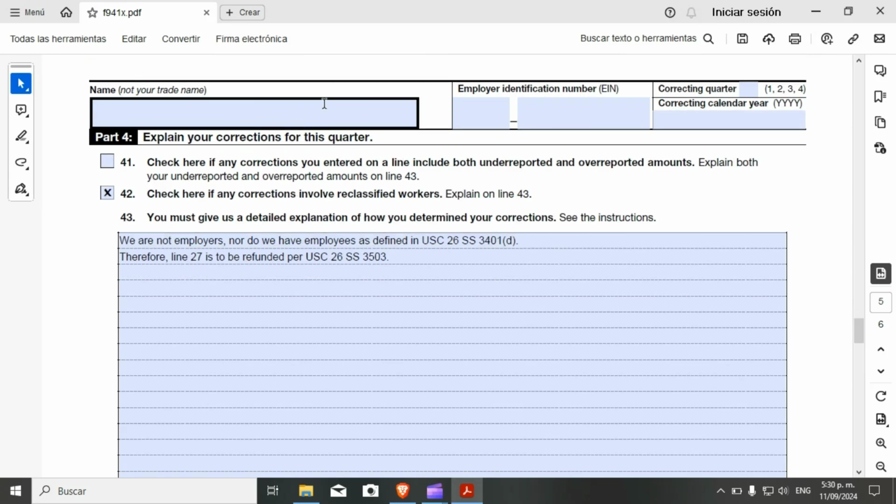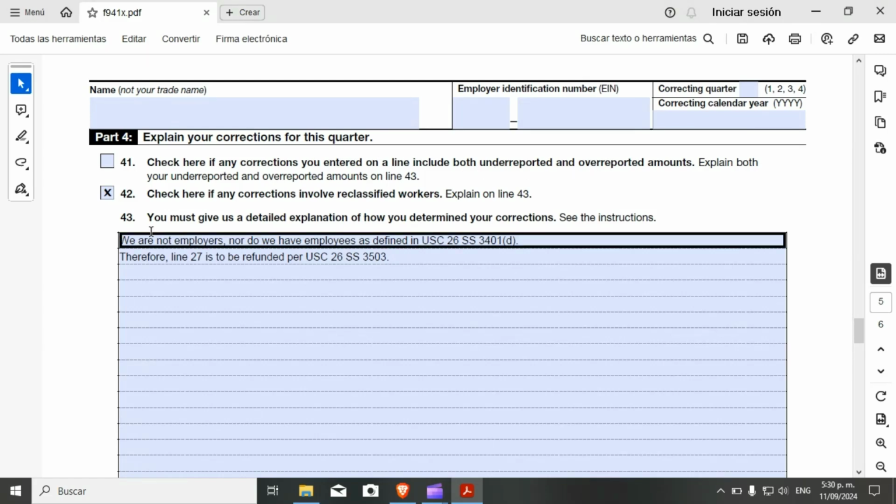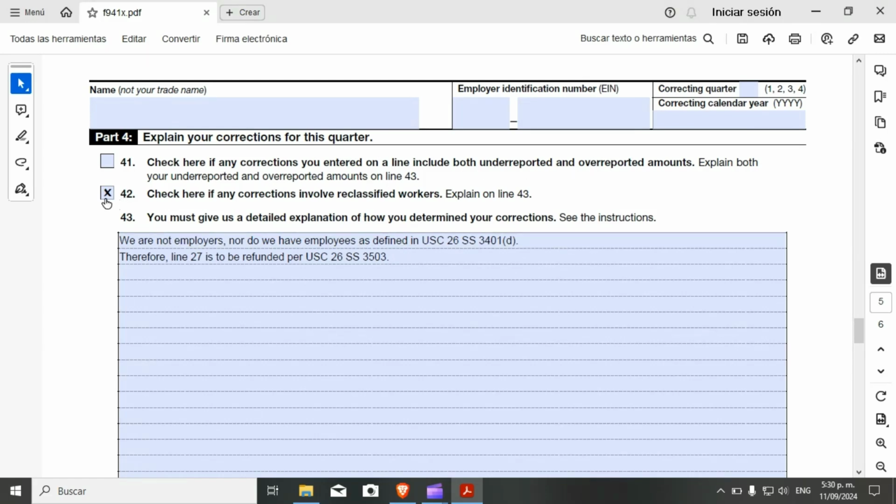And then here is the next very crucial part. Again, your name, your employer ID number, the correcting year and quarter, and then this is the most important piece here. It says explain your corrections for this quarter. Line 41 you leave unchecked. It says underreported and overreported. It's not the case where we had overreported. So check line 42.